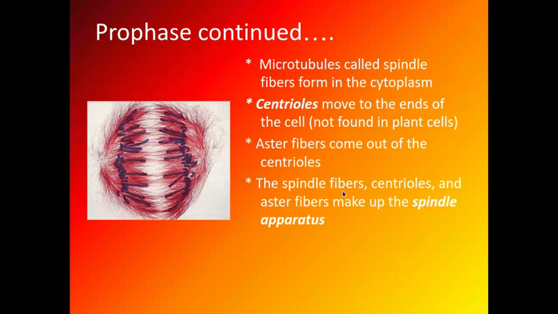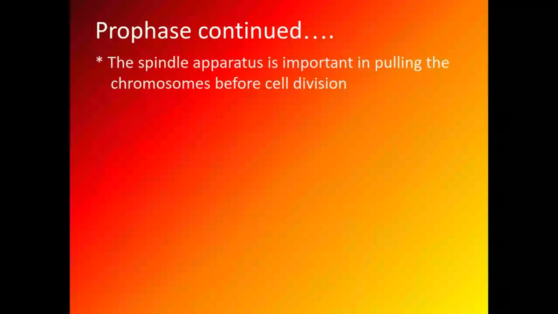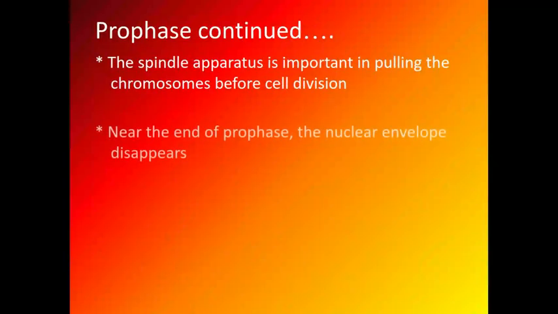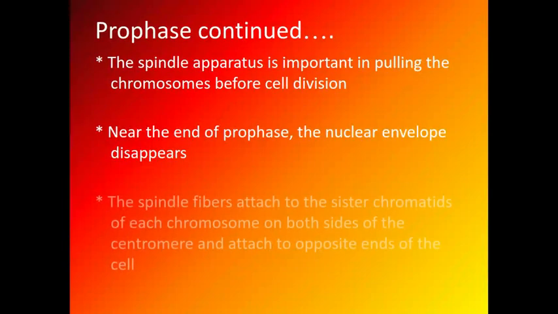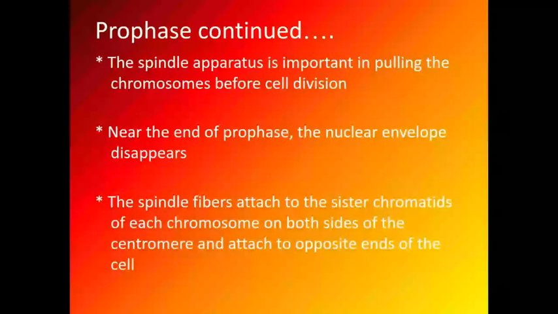And you'll need to know spindle fibers, centrioles, and those aster fibers, they make up what's called the spindle apparatus. So a lot of terms here to know. What that is, it is important to help pull the chromosomes before cell division, and the nuclear envelope disappears and they attach to the sister chromatids of each chromosome to opposite ends of the cell.